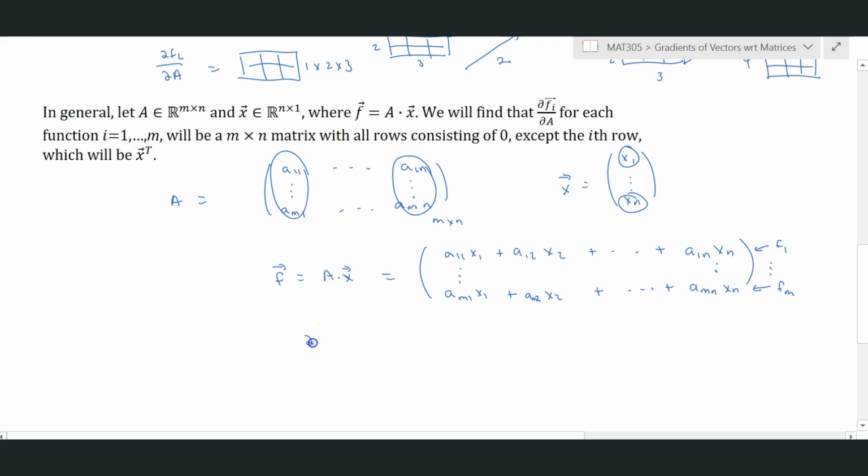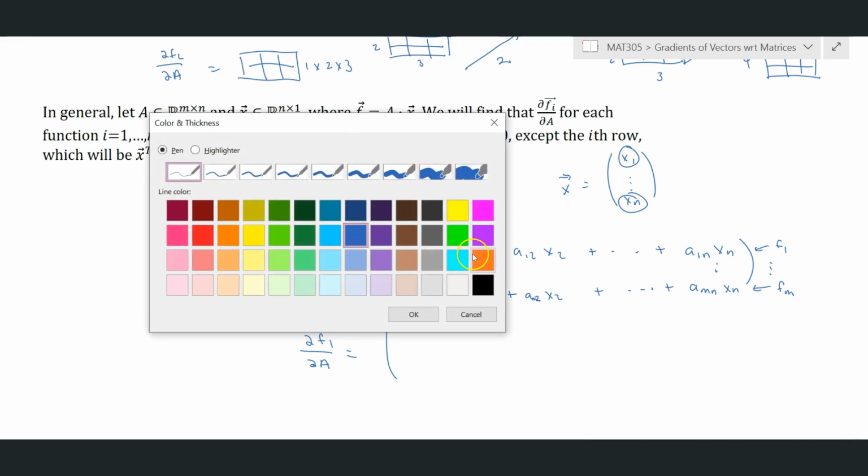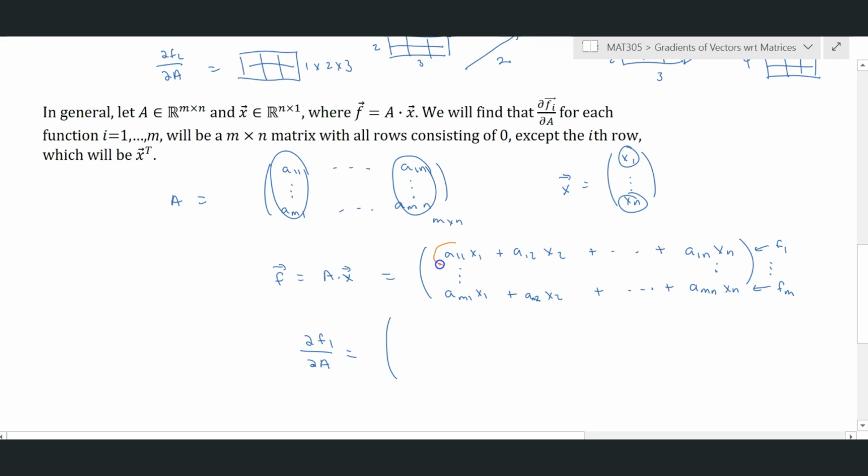And now, how do you take the derivative of f1 with respect to A? Well, again, that just means taking the derivative of that first row, taking the derivative of this thing right here with respect to each of these components. In the first row, f1 depends on all of the elements of A within that first row.